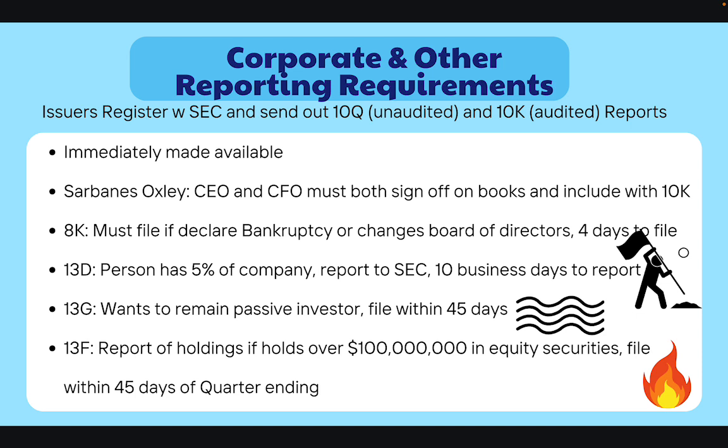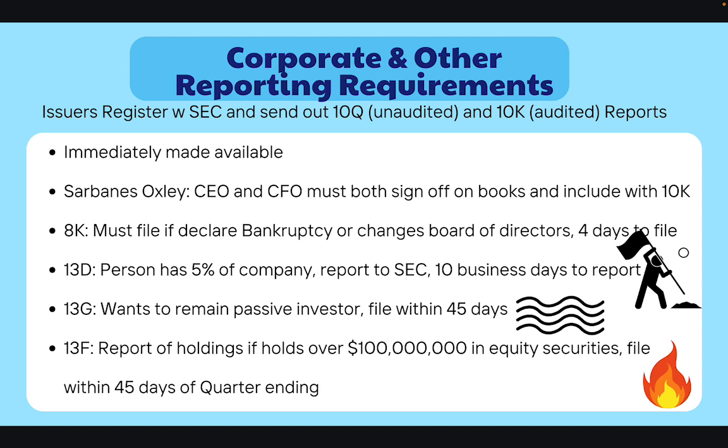Sarbanes-Oxley states that the CEO and the CFO must both sign off on the books and include it with the 10K, that's the audited annual report. 8K must be filed if there's a bankruptcy or change of board of directors, and you only have 4 days to file. They're not messing around there.